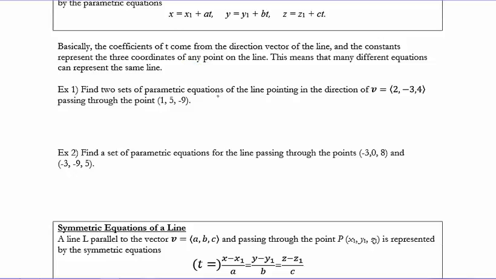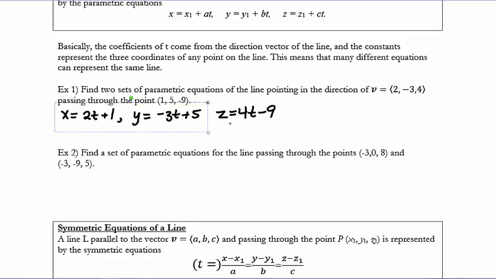Find 2 sets of parametric equations of the line pointing in the direction of this vector, 2, -3, 4, and passing through that point. So we're supposed to find 2 sets. We'll probably find 3, but 2 is in the directions here. If I have a certain vector and a certain point, I can very easily make a line, and that line is x equals 2t plus 1, y equals -3t plus 5, z equals 4t minus 9.